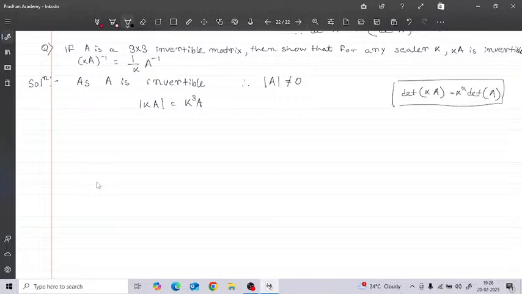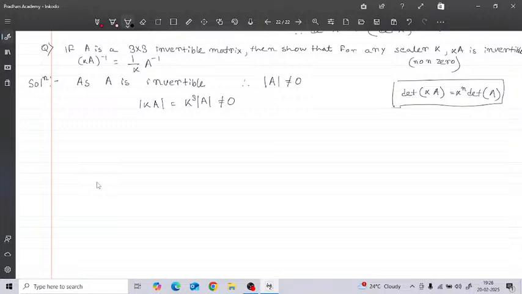So this is the property of determinant we used here. So that is k cube determinant of A, which is also non-zero, as the question also mentions that k is non-zero. As k is non-zero and determinant of A is non-zero, k cube determinant of A is also non-zero.